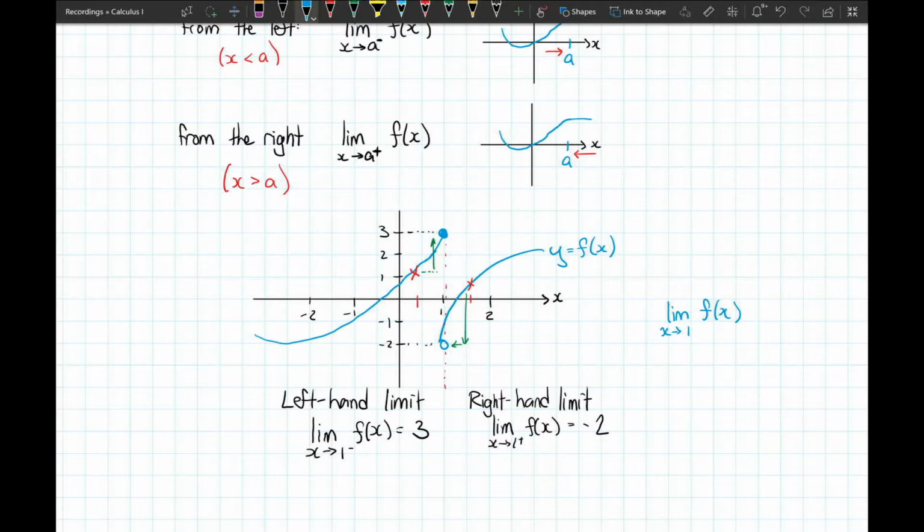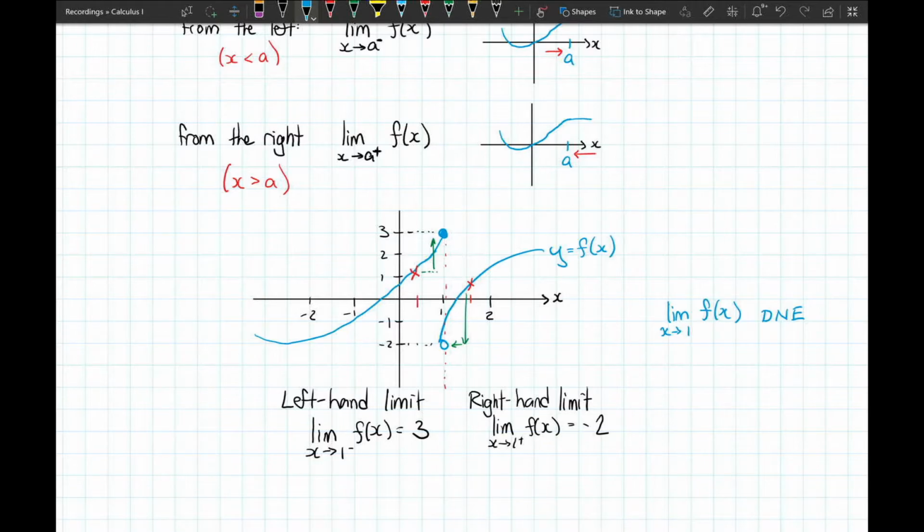And we couldn't say that the limit of f of x as x approaches 1 could be equal to -2, because we couldn't get arbitrarily close to -2 by choosing x values just slightly less than 1. That would blow away the definition of having this limit equal to some number, and we would have to say the two-sided limit does not exist.